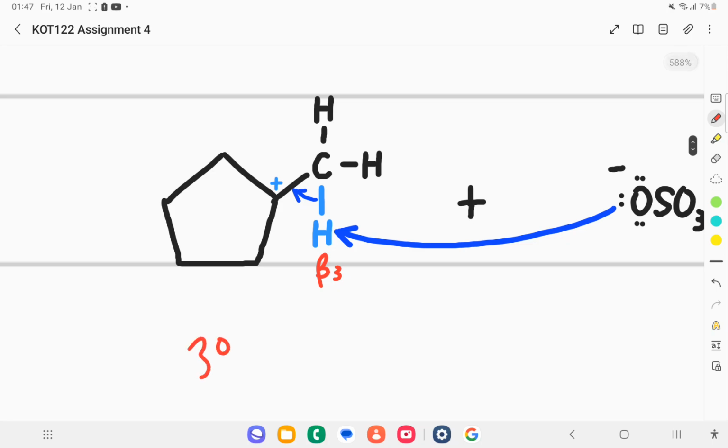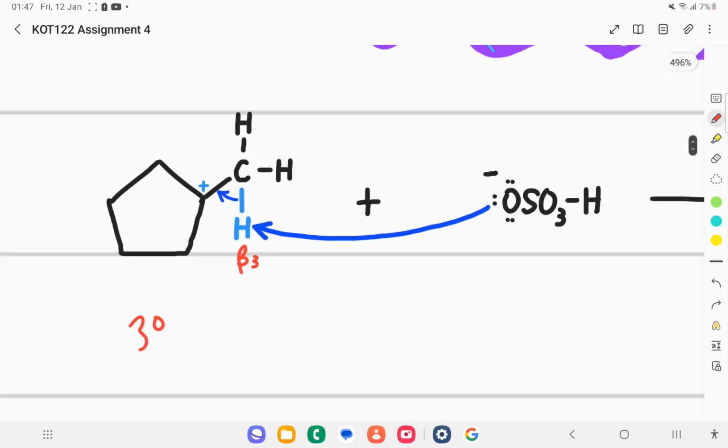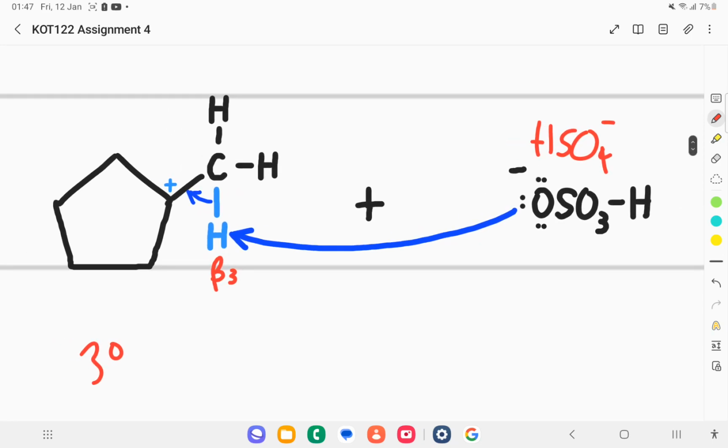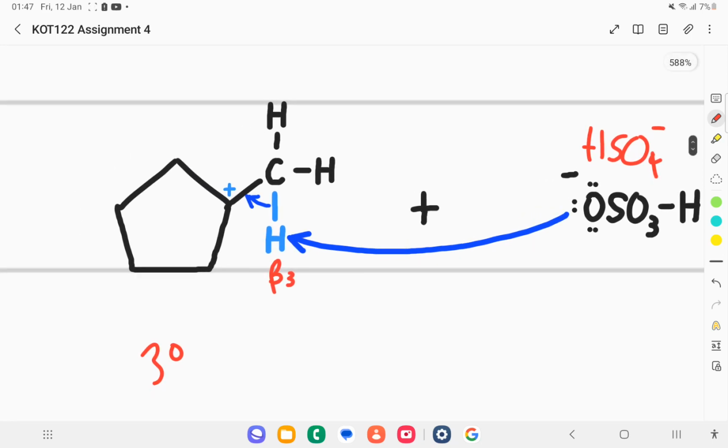our tertiary carbocation will undergo elimination. This is our base, H2SO4 minus, which will remove another hydrogen atom from our carbocation, and then will lead to the formation of a new pi bond.